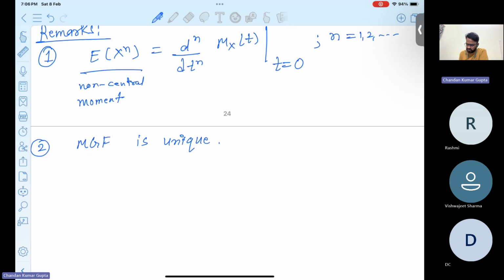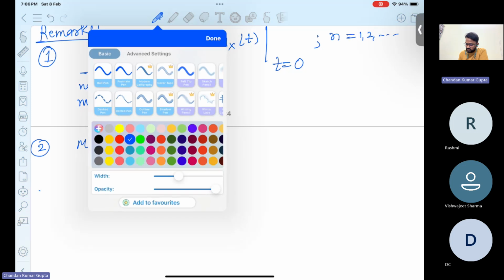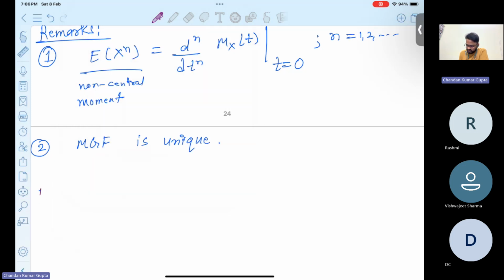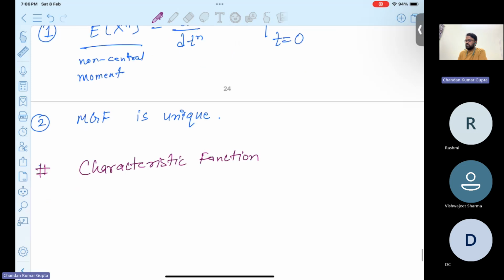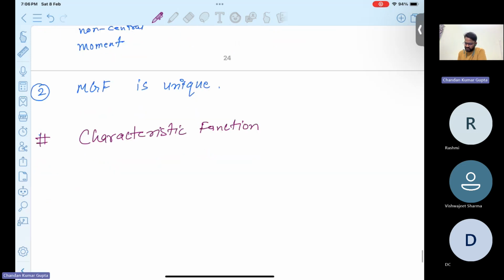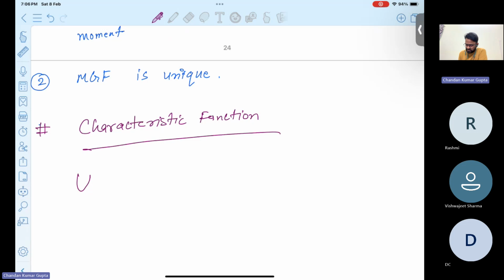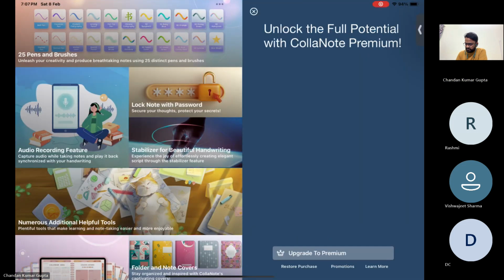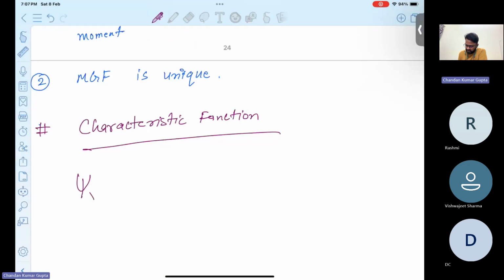And the third generating function is also there, and this is the characteristic function. It is denoted by psi X(t), the representation for the characteristic function, and is defined similar to the moment generating function.